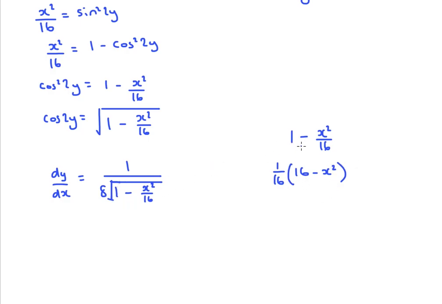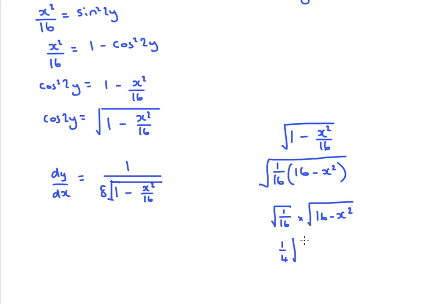But that was being square rooted. So this needs to be square rooted. And if we square root 1 over 16, we can split the root. So we've got the square root of 1 over 16 times the square root of 16 minus x squared. And the square root of 1 over 16 is a quarter, multiplied by the root.